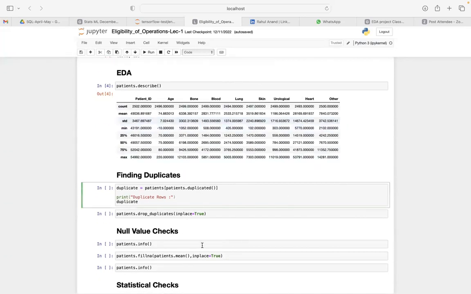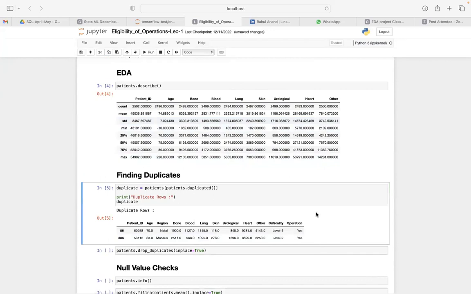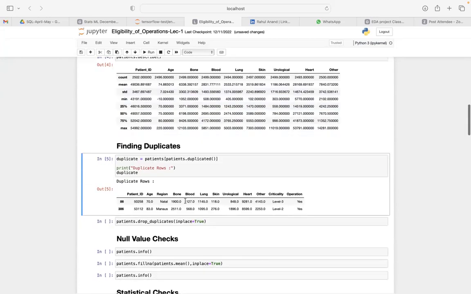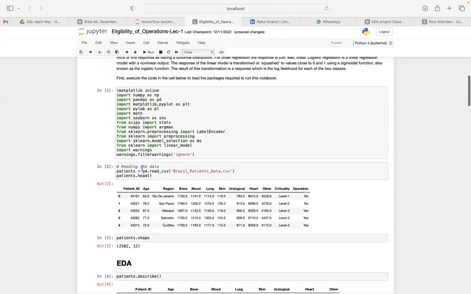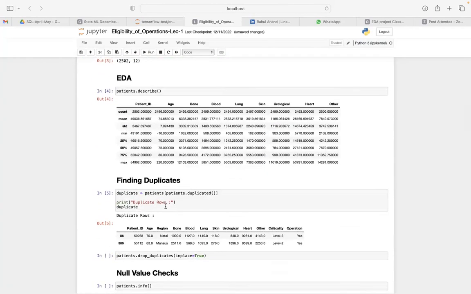Okay, now when you want to find duplicates, the first check that you can do is whether there is any exact duplicate, exactly a replica of rows, present in your data or not. We can find it by the duplicated function in Python. The entire data is inside an object called patients, or variable if you prefer.